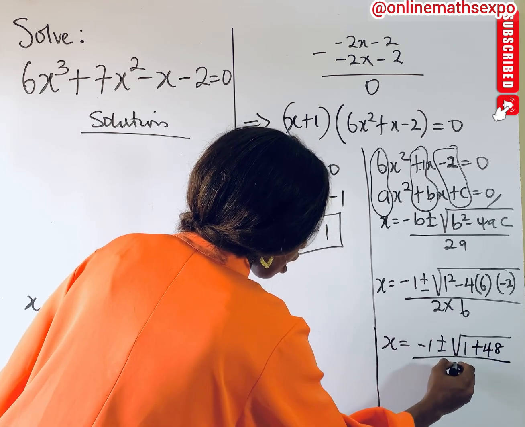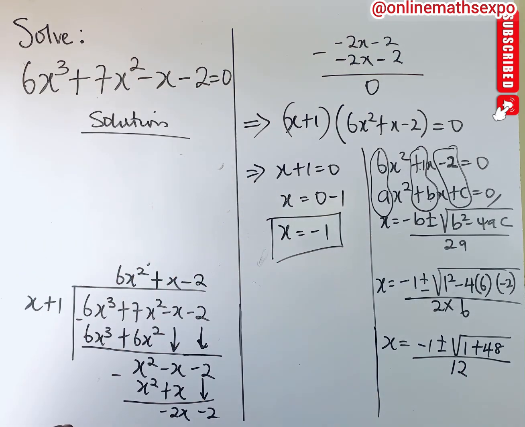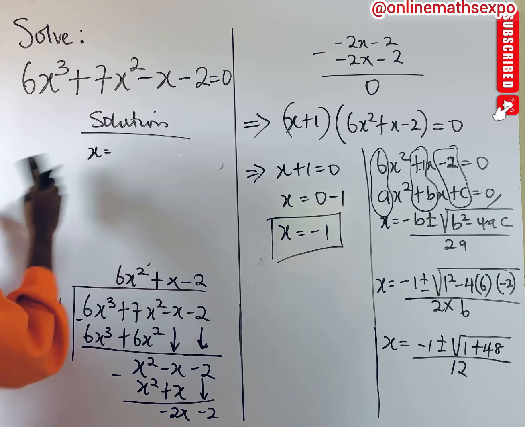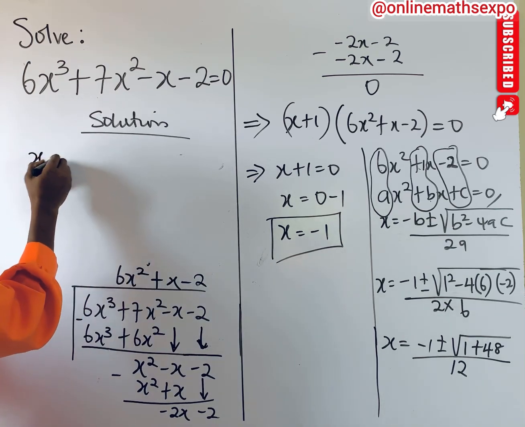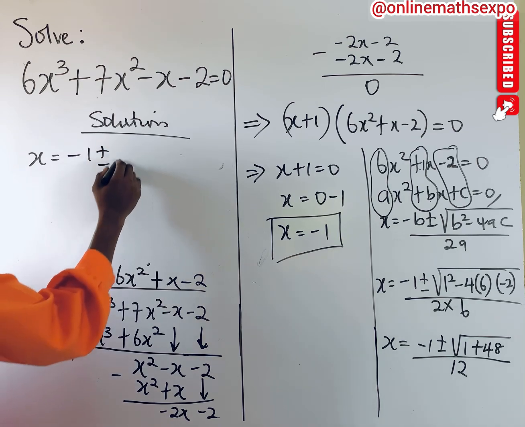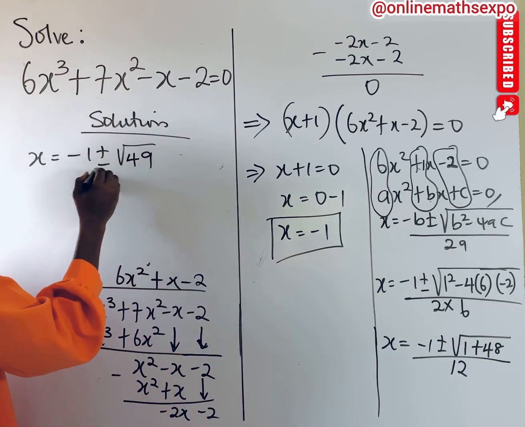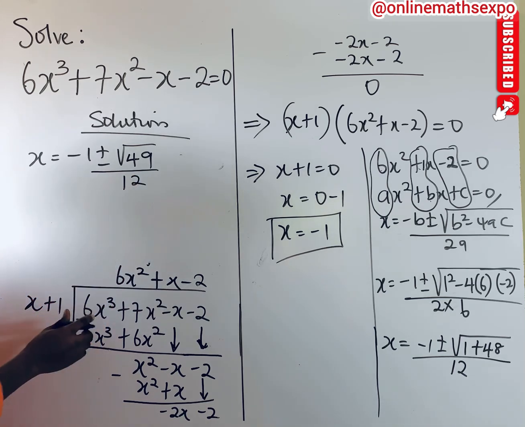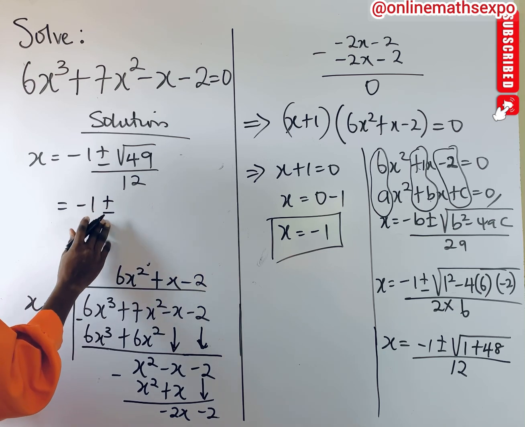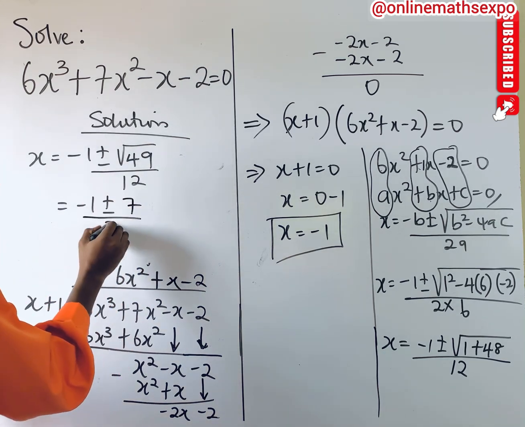So this is what we have all over 12. Multiply this, it gives you 12. So we have x is equal to negative 1 plus or minus square root of, add this, it gives you 49, all over 12. So what does it mean? This is going to give us negative 1 plus or minus square root of 49, which is 7, all over 2.